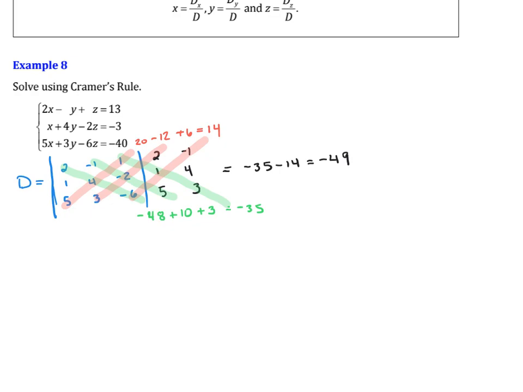So now let's find dx. So we replace the x column with the right-hand side: 13, negative 3, negative 40. Everything else remains the same. Repeat the first two columns.